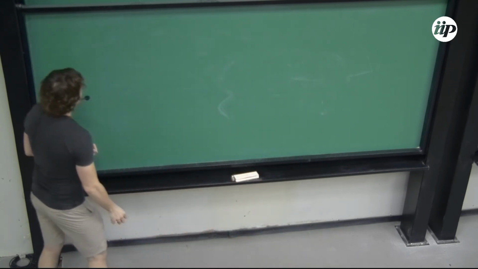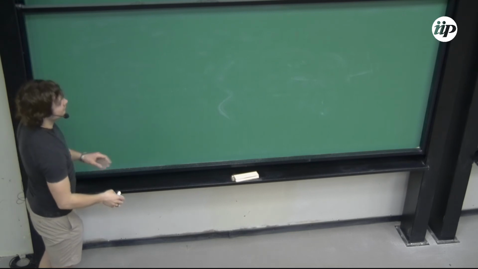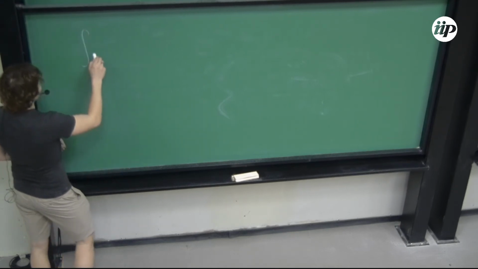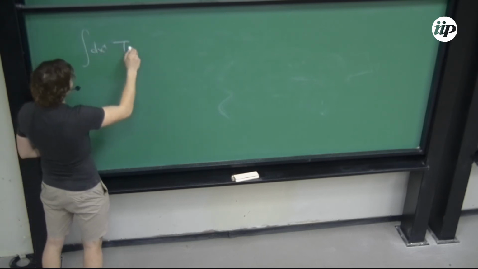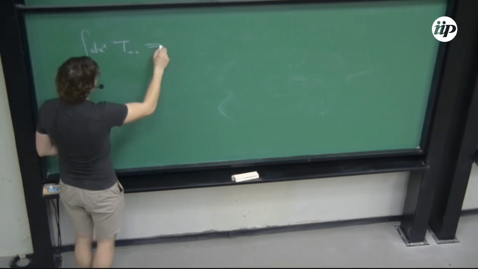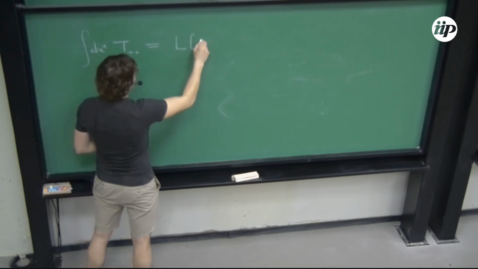So, as I said, you can think of this null integral of the stress tensor that I was discussing in the beginning as the light transform of the stress tensor operator.